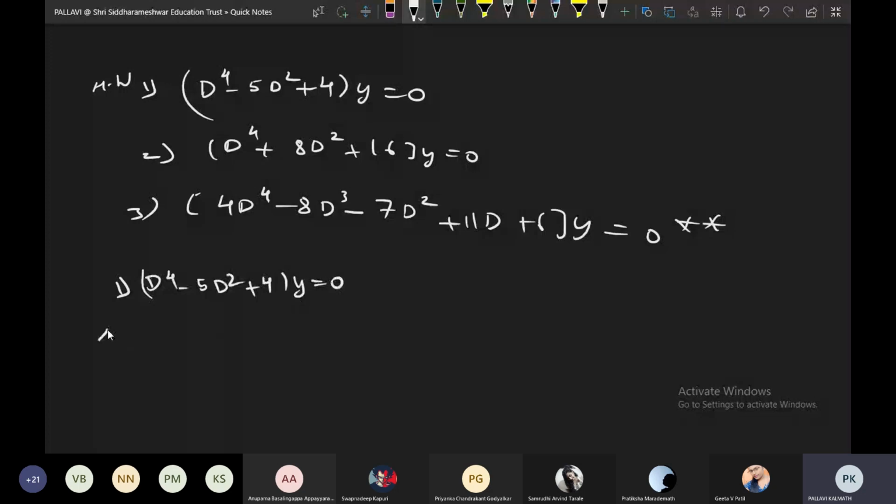So if we write the auxiliary equation for this, what will it be? m raised to 4 minus 5m square plus 4 equals 0. Okay, you can also simplify it in this way. m raised to 4 can be written as m square square, minus 5m square plus 4 equals 0.